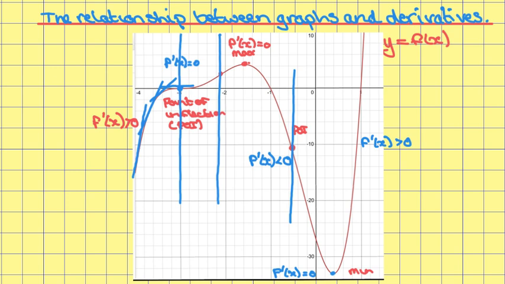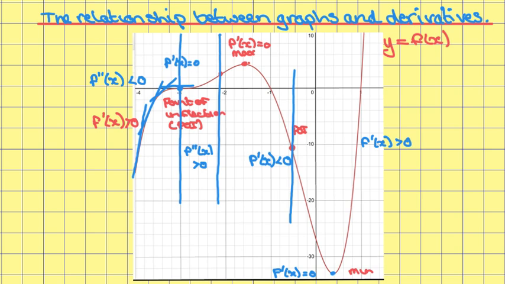So the second derivative at this point, f double dash of x, is less than 0. In these 2 points, the rate of change of the gradient is increasing, so we say that f double dash, the second derivative, is positive.